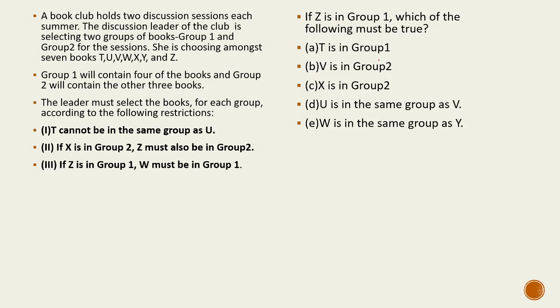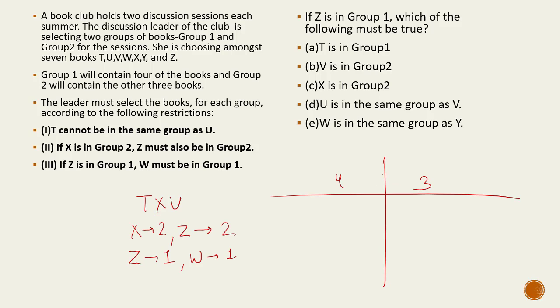Moving further, and again quickly noting down the conditions. So here the question is, if Z is in group 1, now according to condition number 3, W must also be in group 1. Then which of the following must be true?